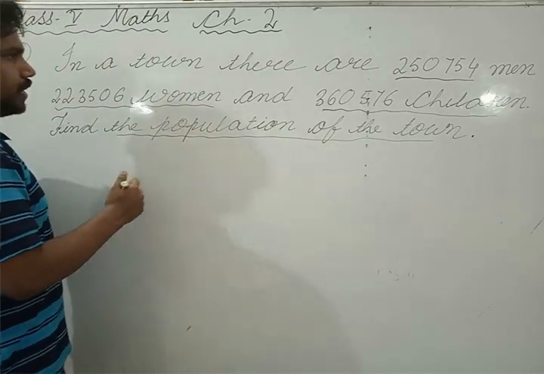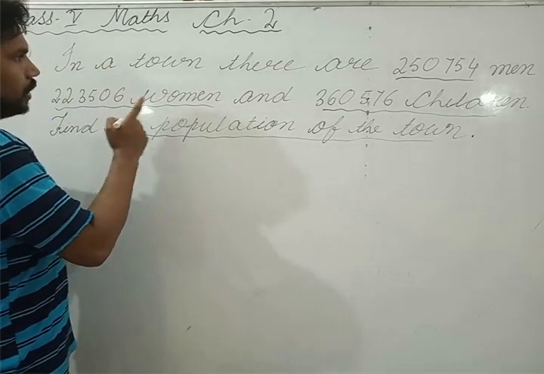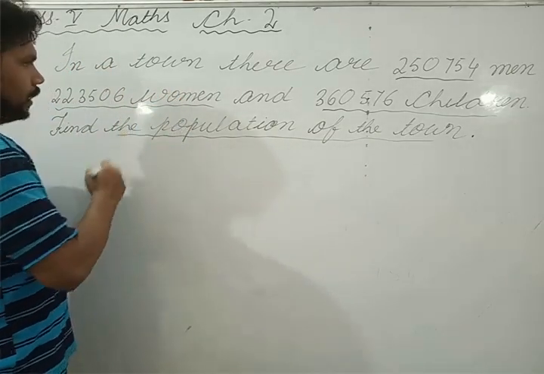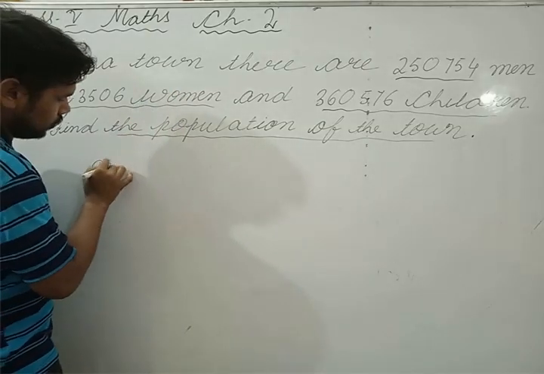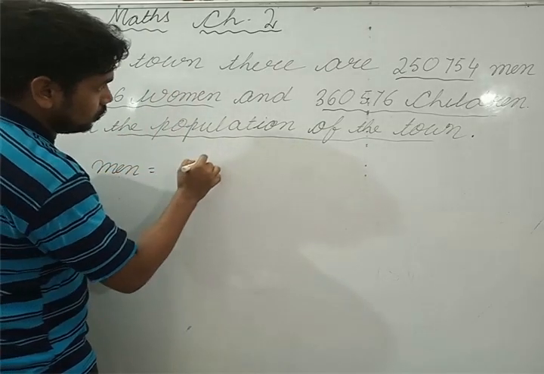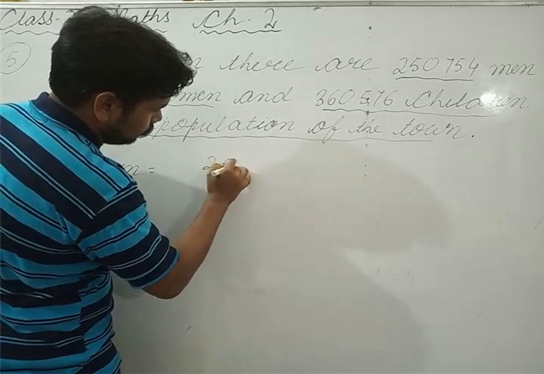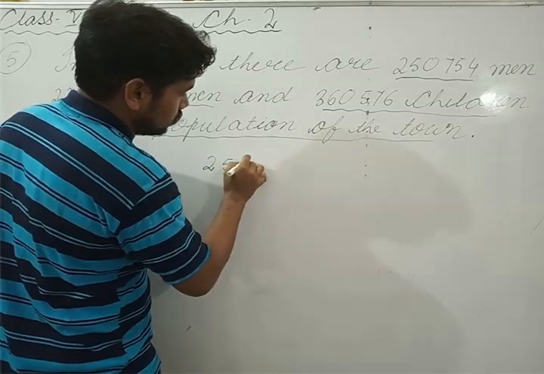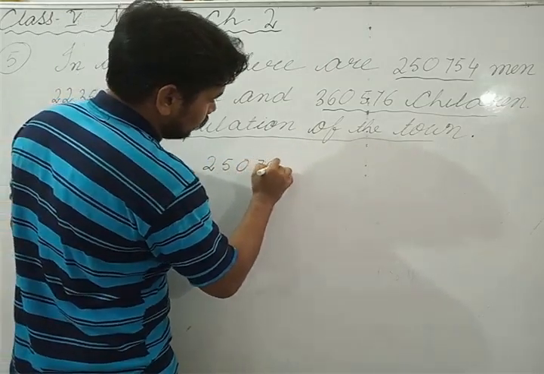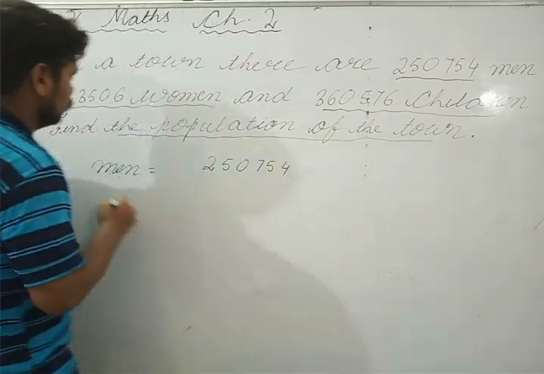First which we have is, in a town there are this many men. So men equals 2 5 0 7 5 4.